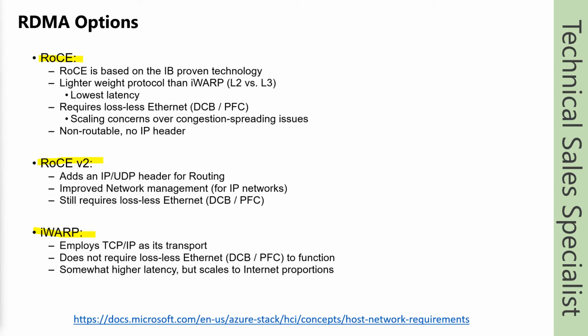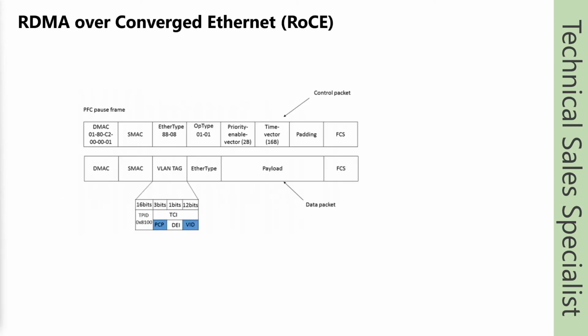RDMA ensures we have the offloading from the CPU to reduce the CPU load, to reduce the latency, to optimize the throughput. The difference is that RoCE is more complex in configuration than iWARP, because RoCE, RDMA over Converged Ethernet, uses VLAN tags to provide storage classification to ensure that we have a lossless communication via the network.